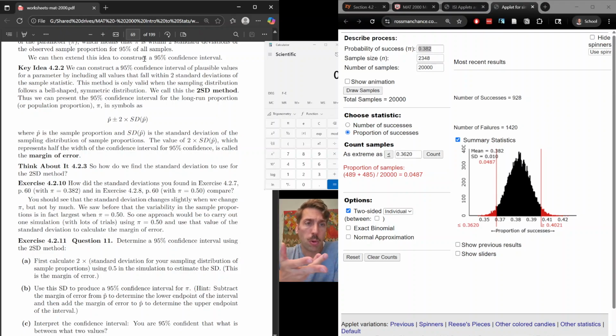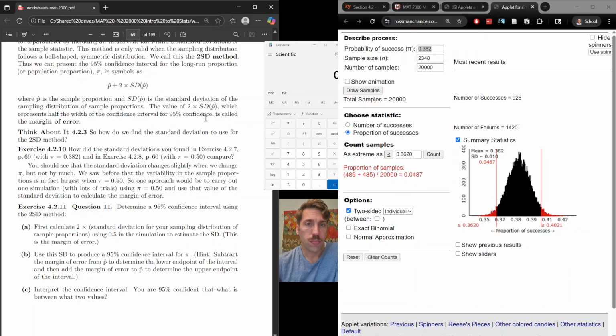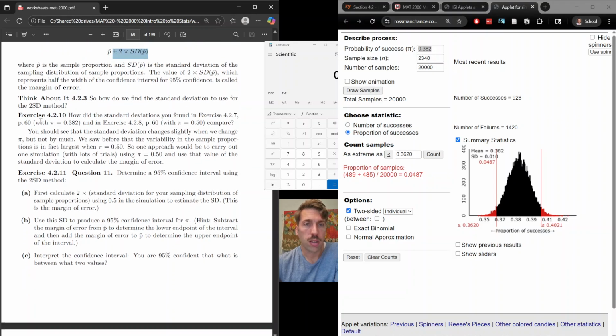So the long run proportion or population proportion, pi, in symbols, is somewhere in p hat, your sample statistic, plus or minus 2 times the standard deviation of p hat from the null distribution of your simulation. Okay, so this 2 times standard deviation is called the margin of error. All right, so how do we find the standard deviation to use for the 2 standard deviation method?